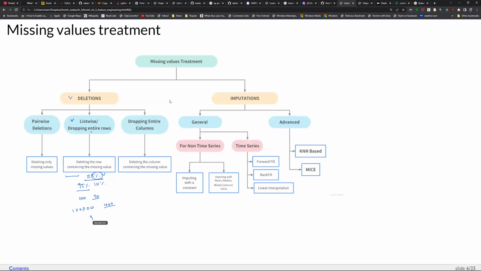So you still keep 90,000 data points, which is still quite a good sample size. So depending on your sample size, you can adjust this ratio for your criteria judgment for the list-wise deletions.